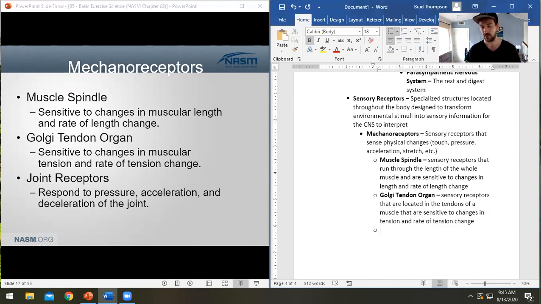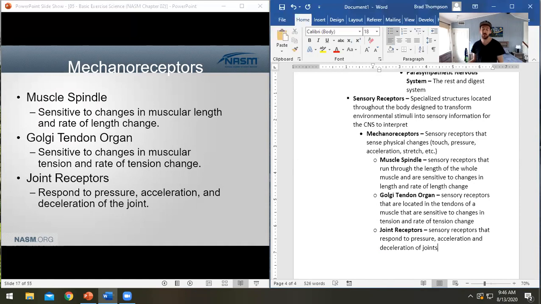Now, the last receptor that we've got are our joint receptors. There's a grouping of these, with all these different names. But your joint receptors are sensory receptors that respond to pressure, acceleration, and deceleration of joints.